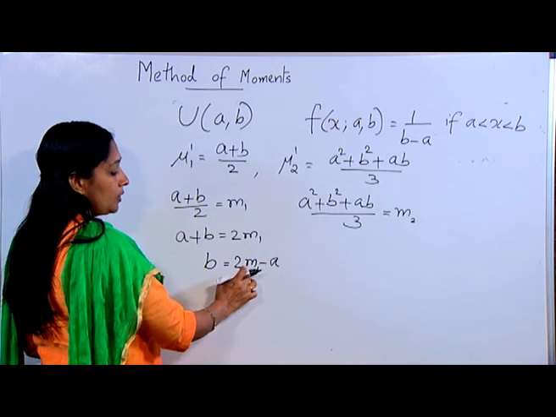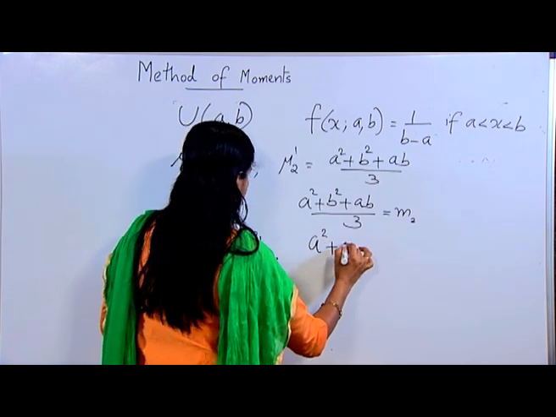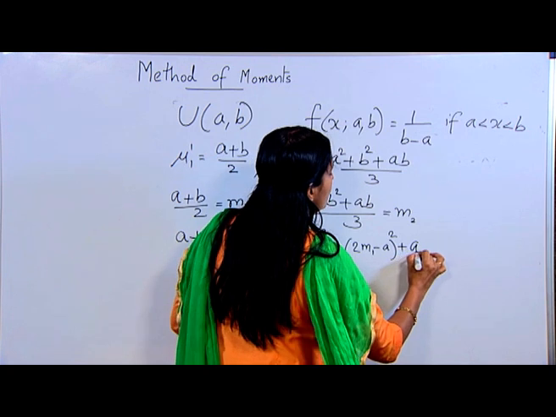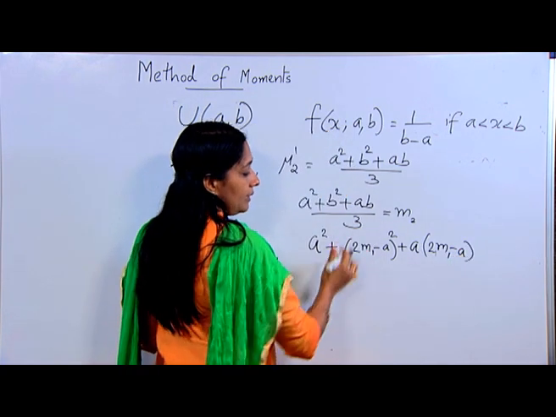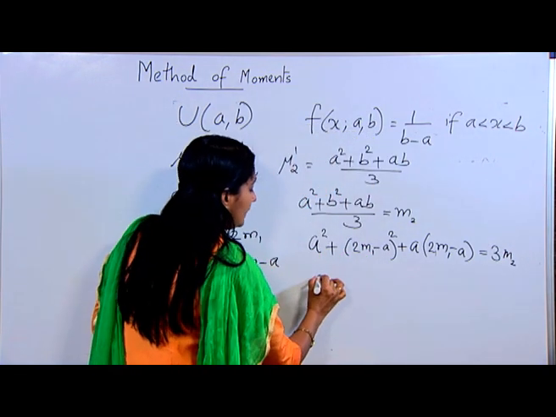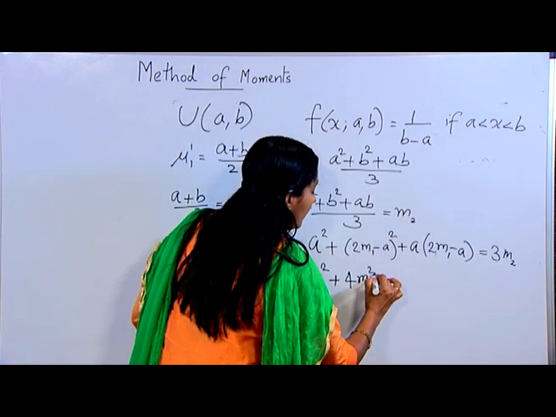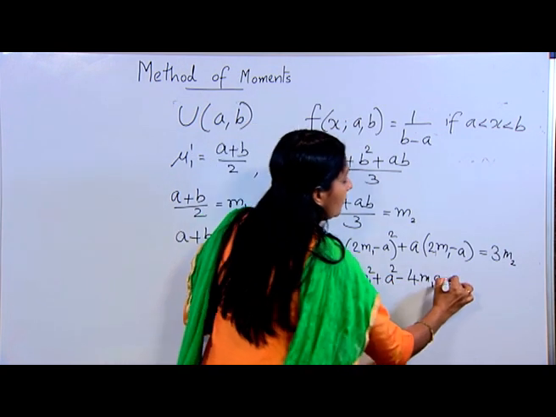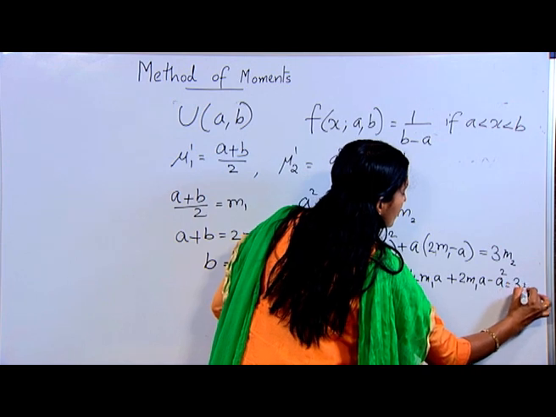Substituting the value of b is equal to 2m1 minus a in this equation, we get a square plus (2m1 minus a) whole square plus a into (2m1 minus a) divided by 3 is equal to m2, that means it is equal to 3m2. Now, expanding we get a square plus 2m1 whole square, that is 4m1 square plus a square minus 4m1 a plus 2m1a minus a square is equal to 3m2.